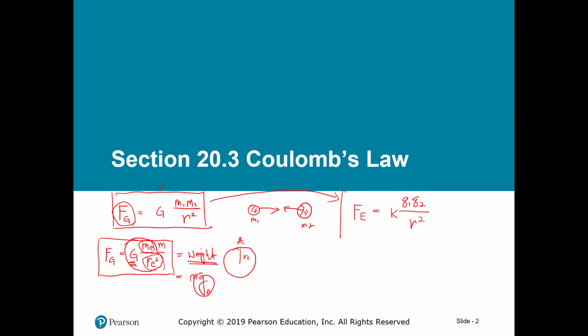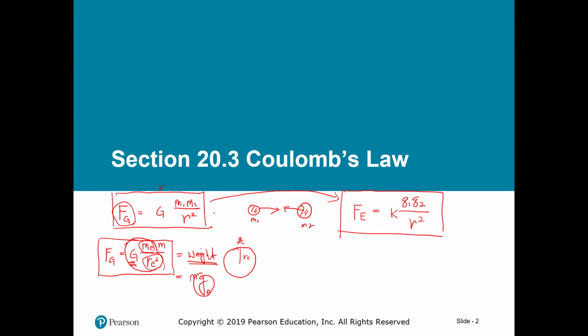So you will see mathematically this electrical force is exactly the same as the gravitational force, right? Except that what? Instead of a G, you have a different coefficient K. Instead of a mass, you have charges.